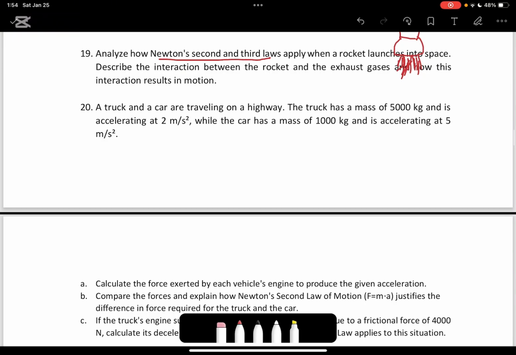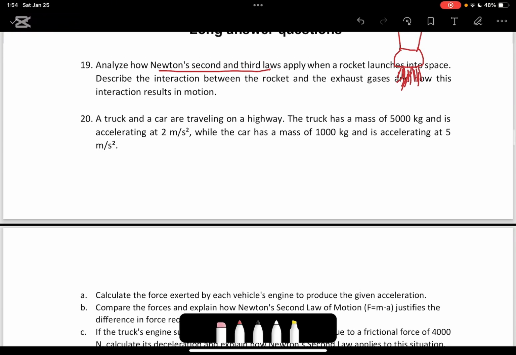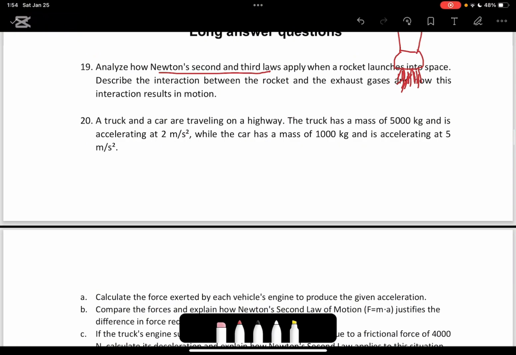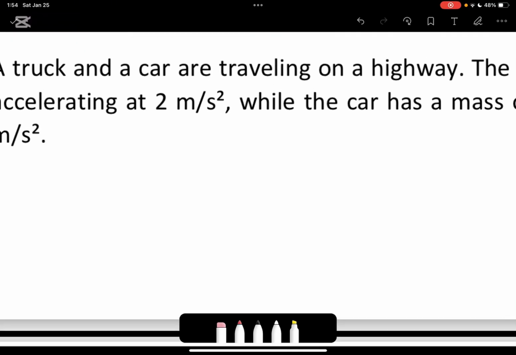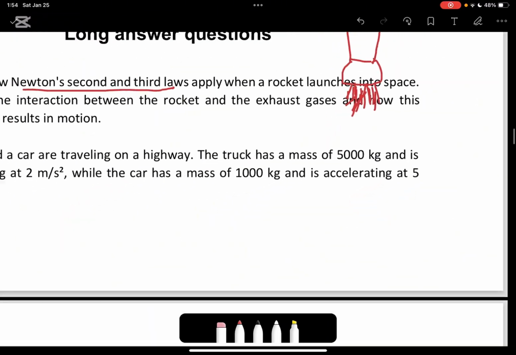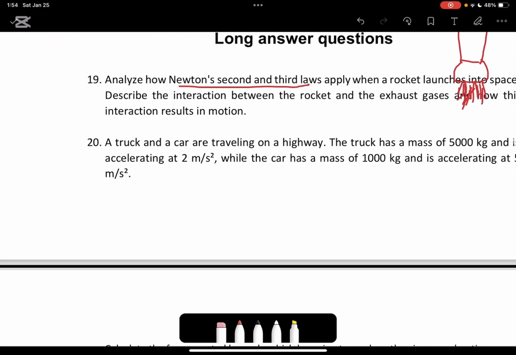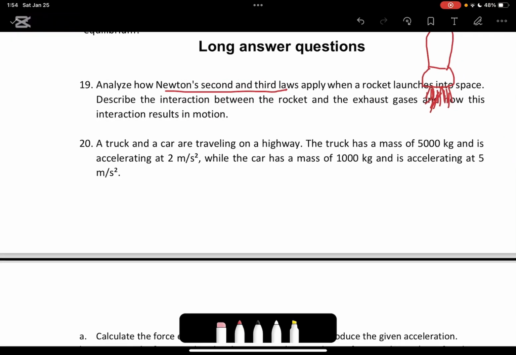If you want to calculate the force exerted by each vehicle's engine to produce the given acceleration, it's going to be 10,000 newtons, because 2 times 5,000 is 10,000 newtons.